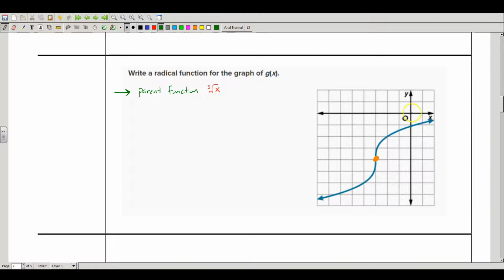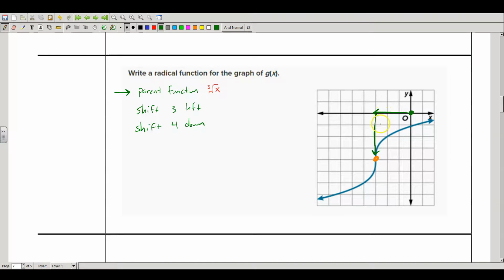So it was at 0, 0, and it went 1, 2, 3 to the left and down 4. Just looking at that, we can see what the shift looks to be. So I'm going to write that down. Shift 3 left, and shift 4 down.